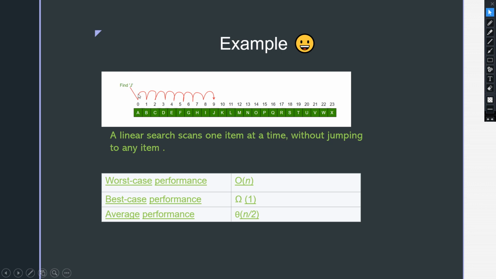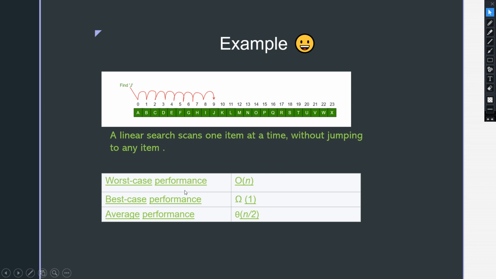Here is an example of what we said. Let's look at the example of linear search and its complexity. A linear search scans one item at a time without jumping to another item. Linear search means that we scan the items in a linear way.